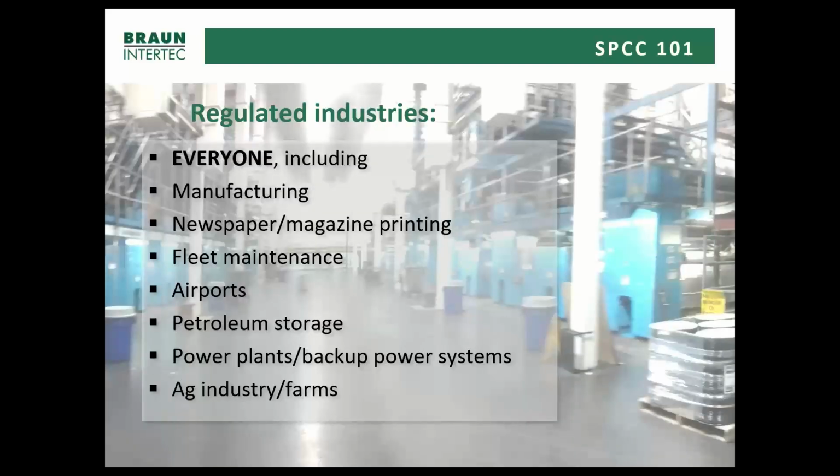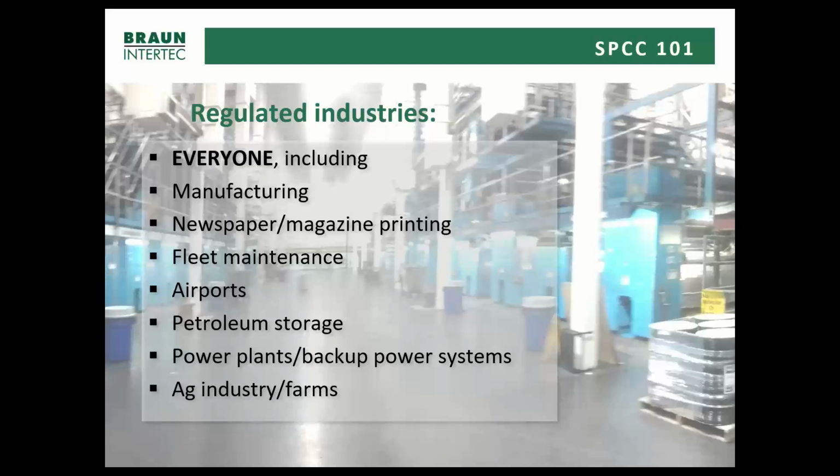Now, the types of industries that are regulated under the SPCC rules are, well, basically everything. Manufacturing facilities, newspaper, magazine printing facilities, we have fleet maintenance facilities, have a lot of fueling trucks, airports with their storage of different aviation gas, also maintenance fluids, petroleum storage, bulk storage facilities, as well as petroleum production facilities, power plants, especially ones that have backup power systems.